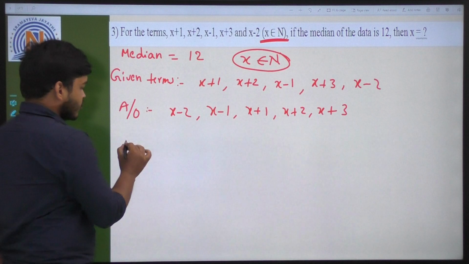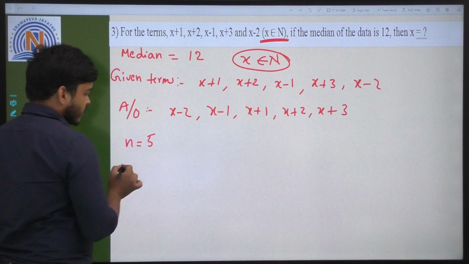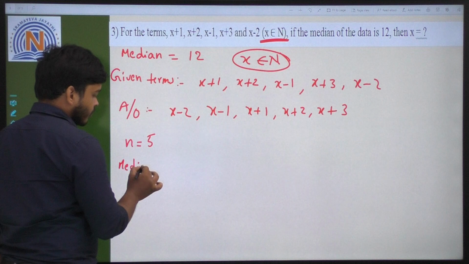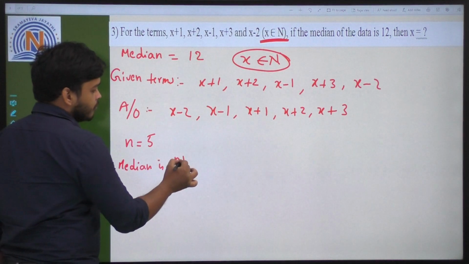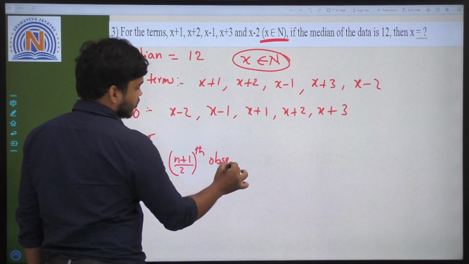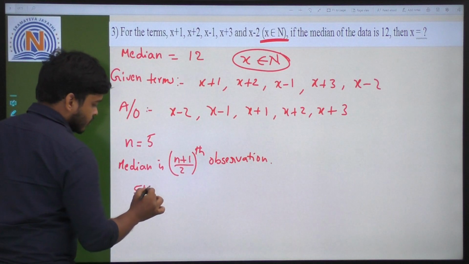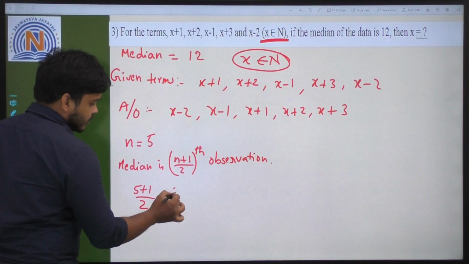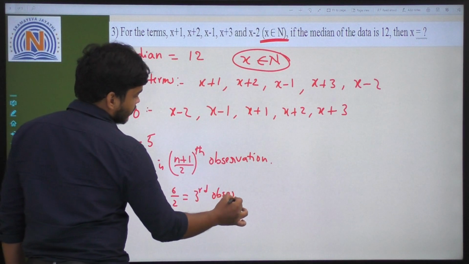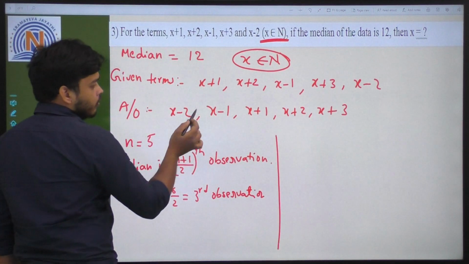Now the median, n is equal to how many observations? 5 observations are there, so 5 is odd. So median is the n plus 1 by 2th observation, that is 5 plus 1 by 2, that is 6 by 2, the third observation. 1, 2, 3.